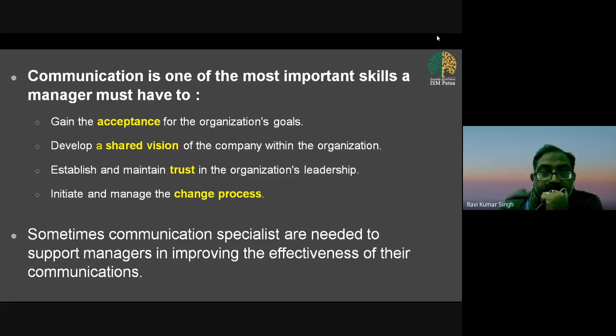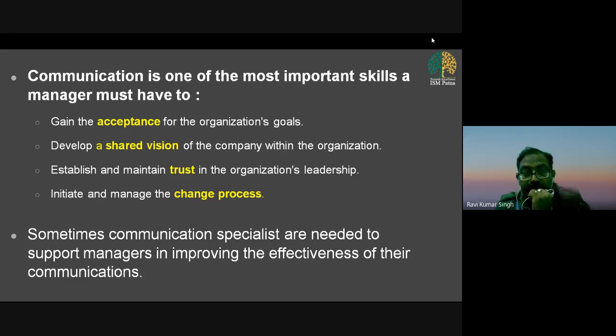And the last and very important thing is that managers have to initiate and manage changes in the organization. To manage changes sometimes becomes very tricky and difficult, because people don't want to change.